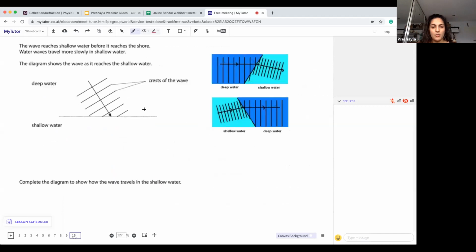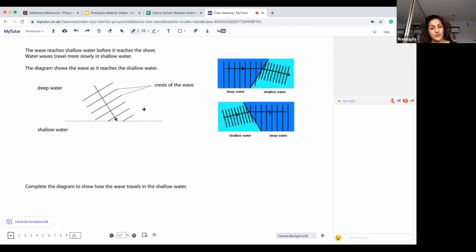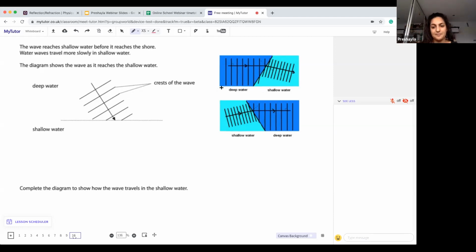Finally, then we need to talk about what happens to water waves. So water waves can also be refracted, and it happens when we go from deep water to shallow water, or shallow water to deep water. So in the diagram, I'm showing you it with wavefronts because I think it's easier.